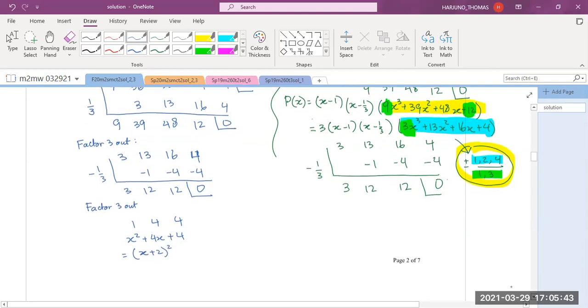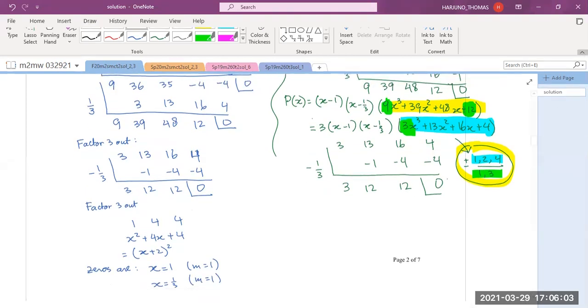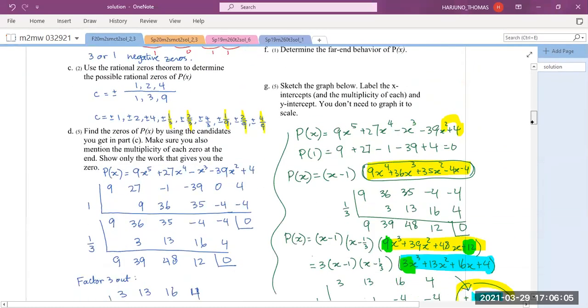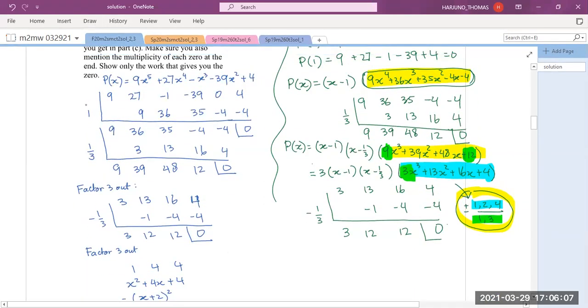Okay, so the zeros are x equals 1 with multiplicity of 1, x equals 1/3 with multiplicity of 1. Which x equals 1, Thomas? The one here. It happens once. 1/3 is a 0. -1/3 is also a 0.